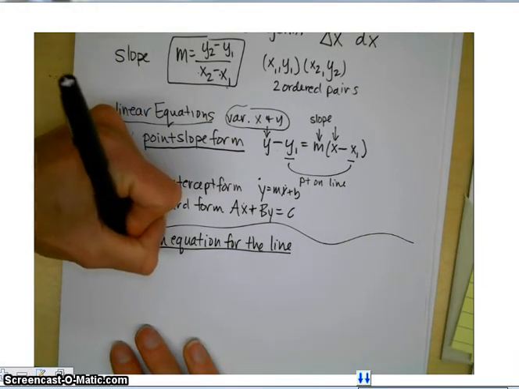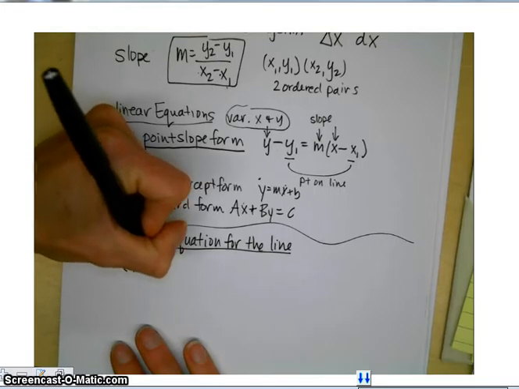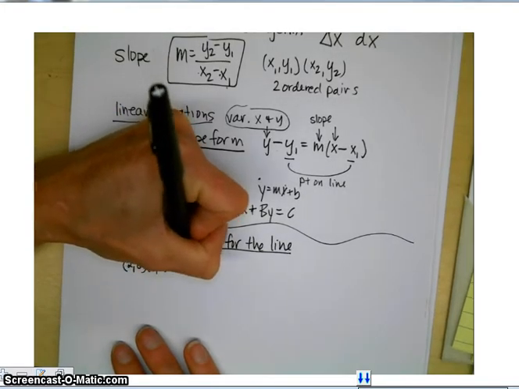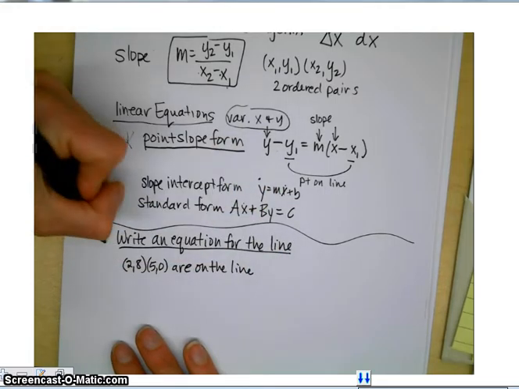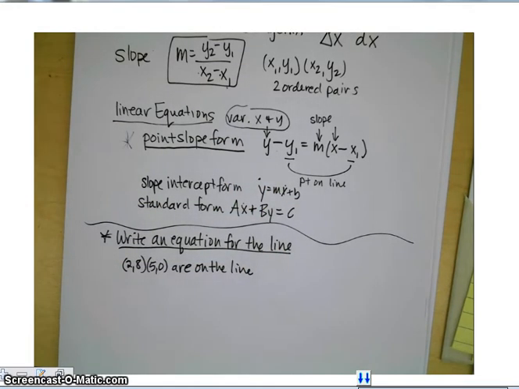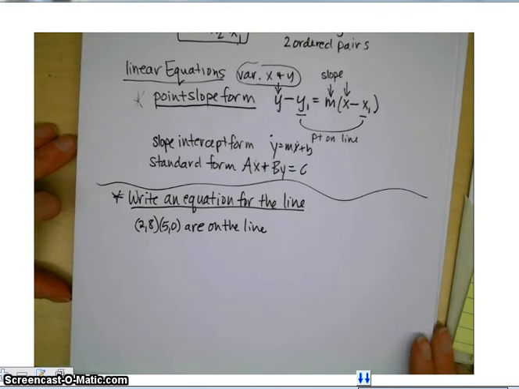So 2, 8 and 5, 0 are on the line. Our directions for all of our next examples are going to be write an equation for the line. Okay?